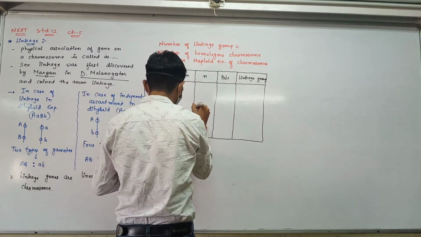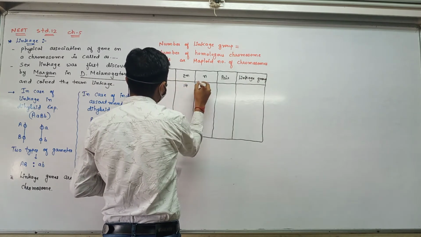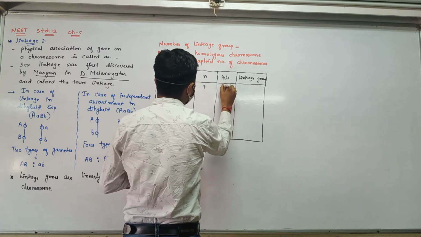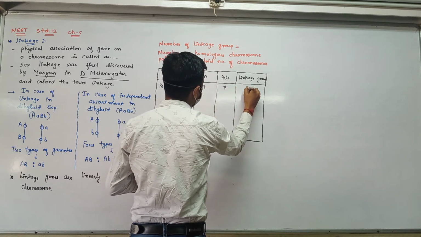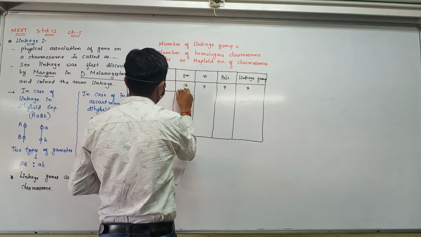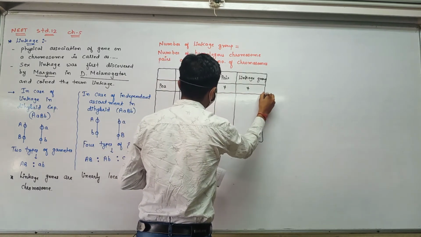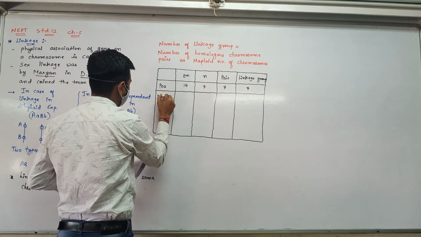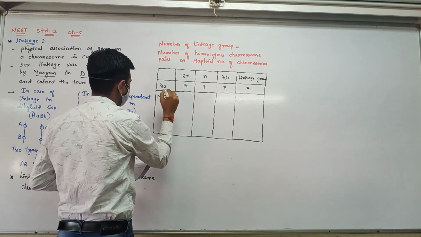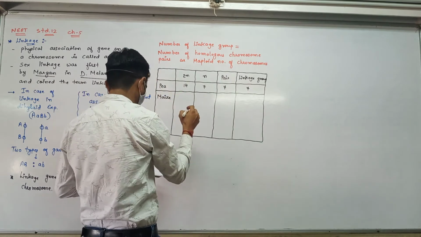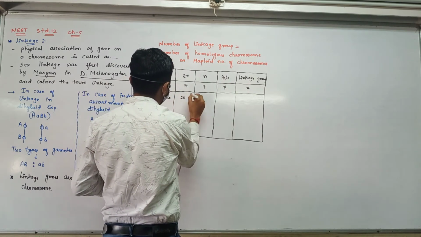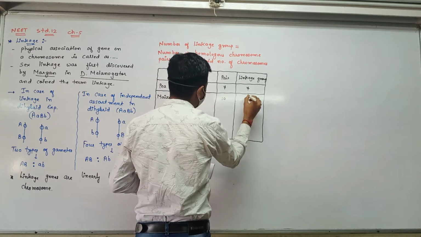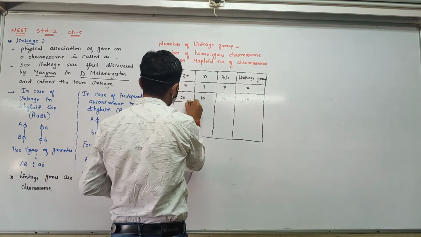In pea plant, 14 chromosomes are there, 7 in haploid, in pair 7, and linkage group is also 7. Maize, 20 chromosomes are there, 10 in haploid, 10 pairs and 10 linkage groups.